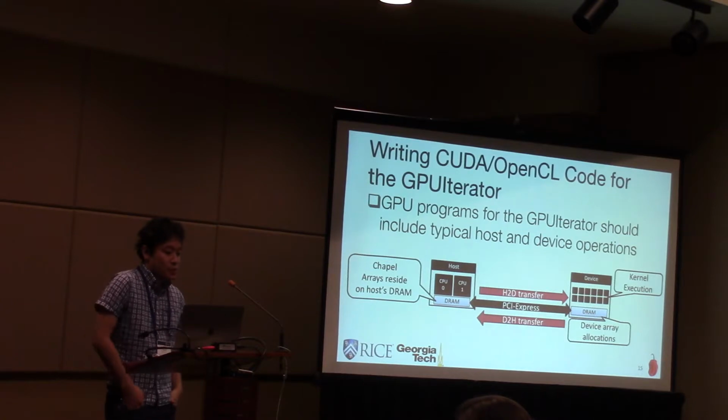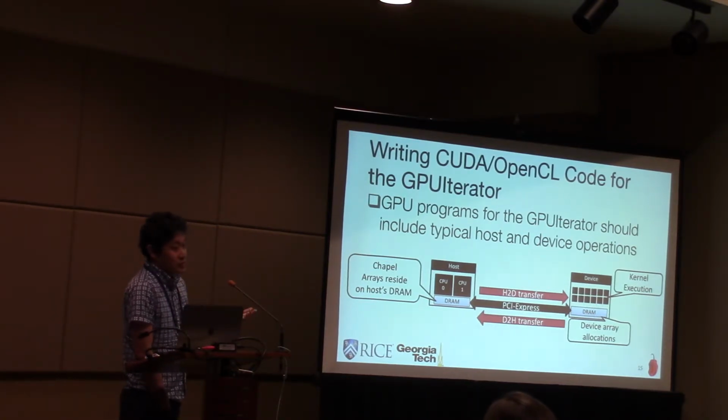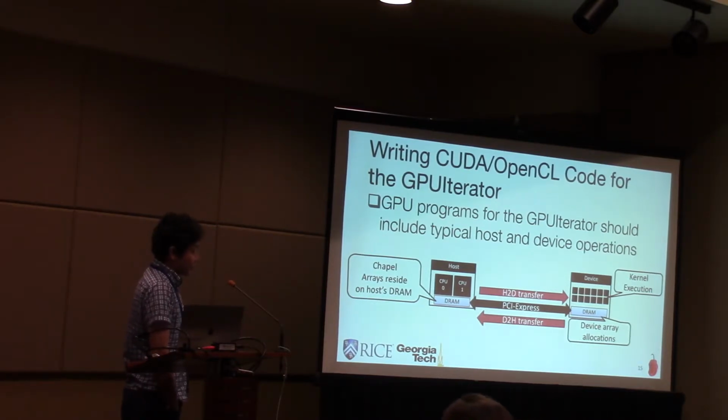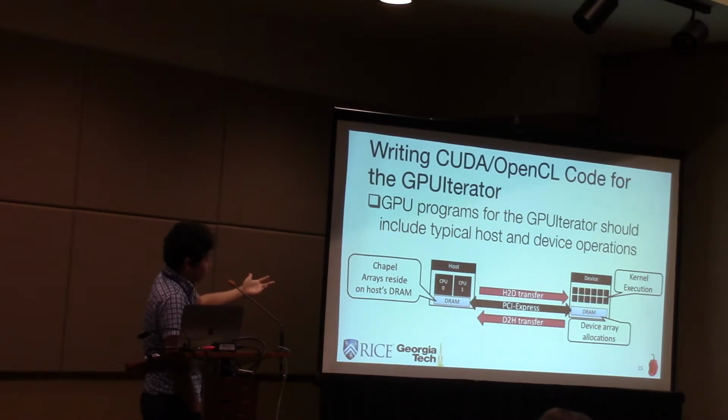This part is more for users who want to use the GPUIterator, who also need to write the GPU code. Because we are using Chapel's C interoperability features, at first the Chapel array resides on host DRAM, but to use the GPU, you need to allocate the data on the GPU using a CUDA or OpenCL function.